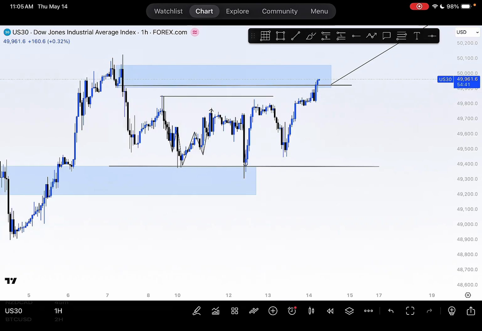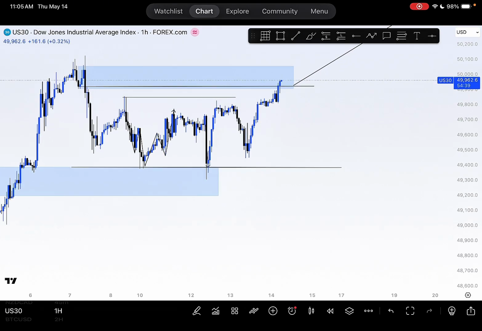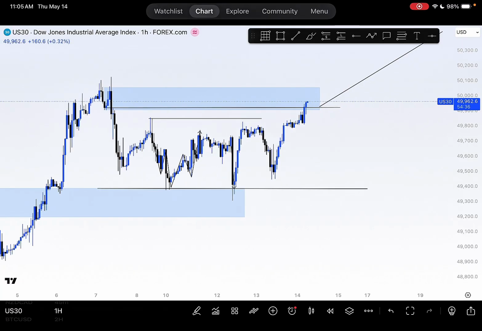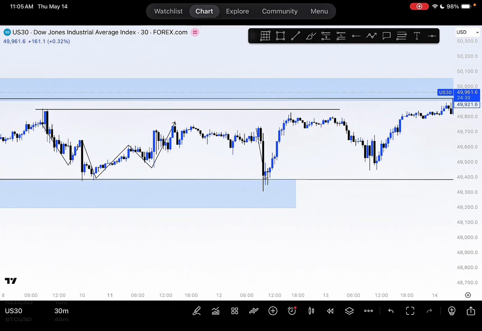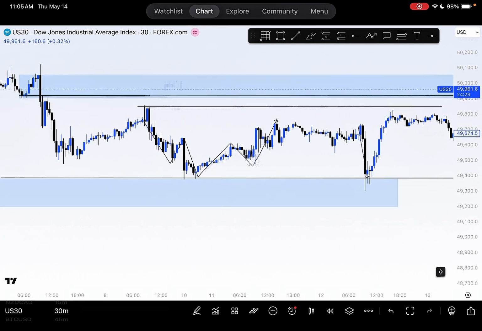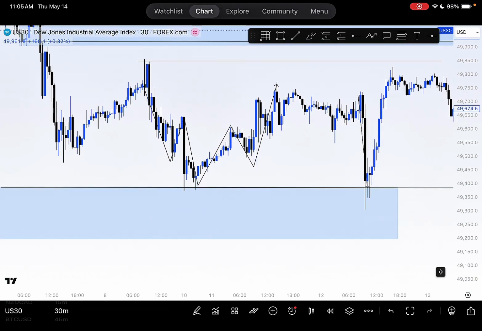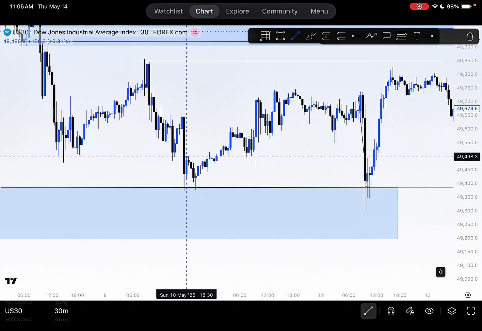to retest that zone. So what we need to do now is go down to our 30 minutes to see what happened. As we can clearly see here, we have an MSS. I actually took this trade and the market took me out.